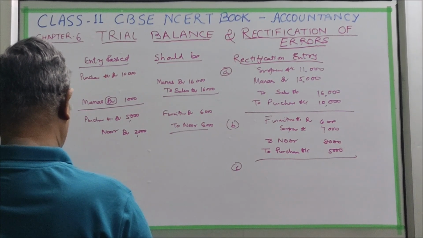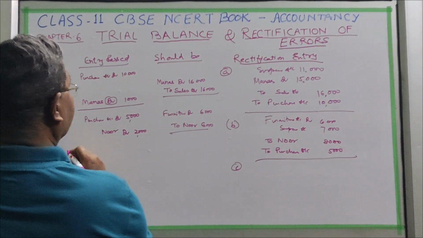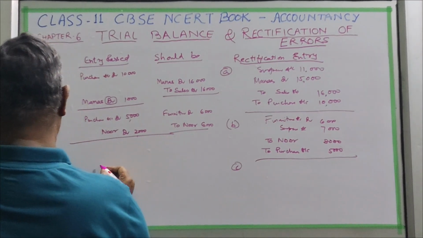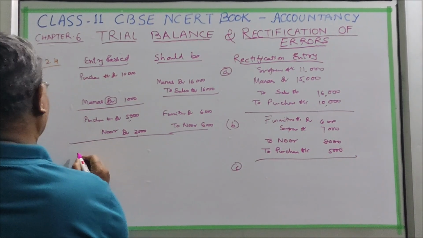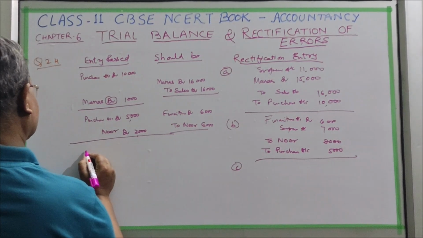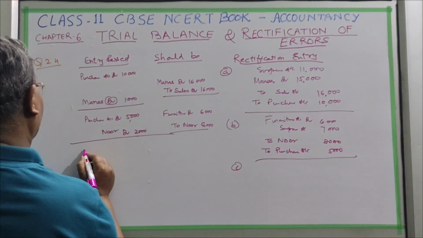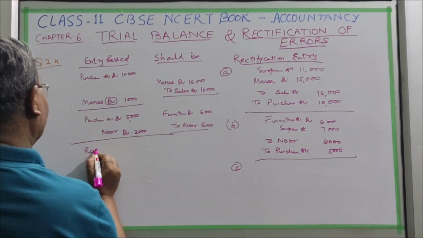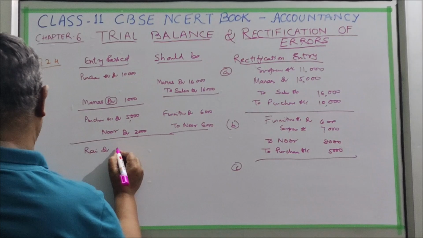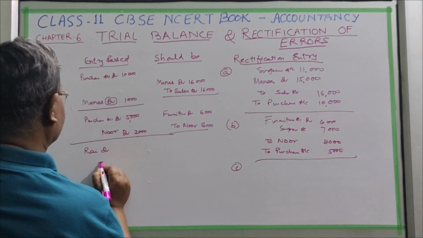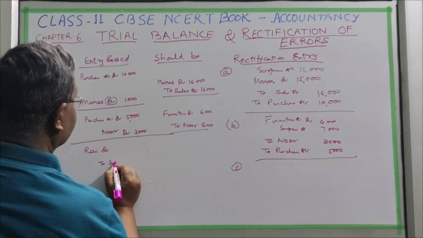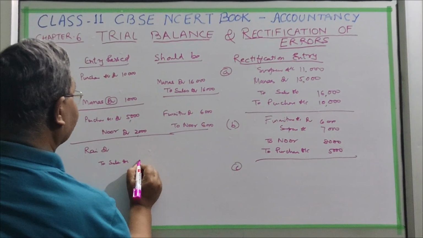Goods returned to Roy 3,000. Goods returned to Roy 3,000 recorded through the sales book. So Roy debit, goods returned to Roy, sales book to sales account 1,000.